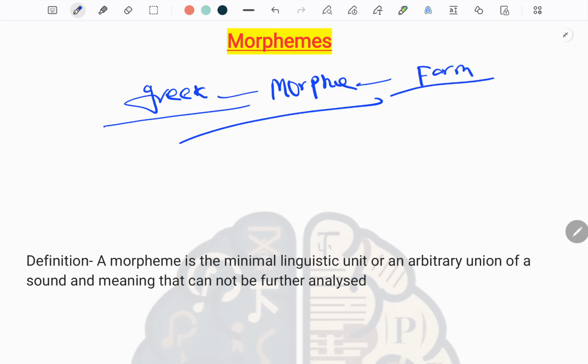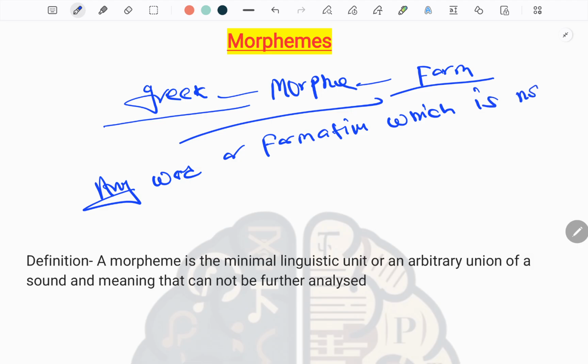A morpheme means any word or formative which is not analyzable. Analyzable is a morpheme.